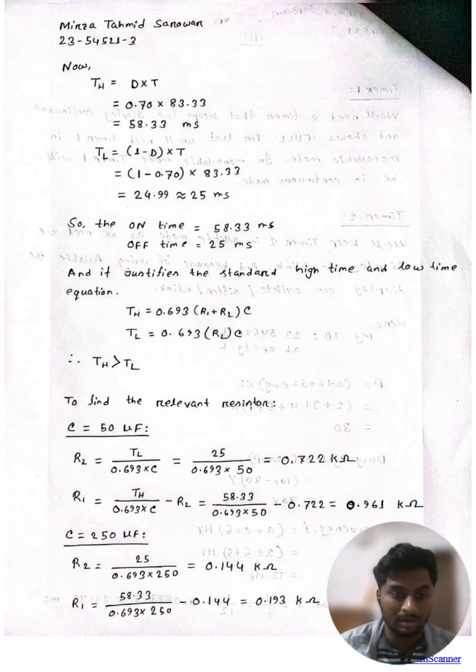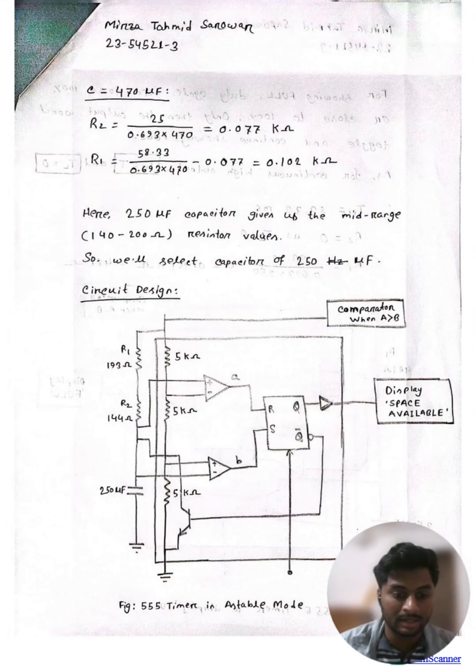So this is the value for 50 microfarad, here's the value for 250 microfarad, and here the value for 470 microfarad. And lastly we were asked which capacitor we should use. In my case, the 250 microfarad capacitor gives us mid-range resistors, which we consider to be 140 to 200 ohms. So it was 250 microfarad in my case.